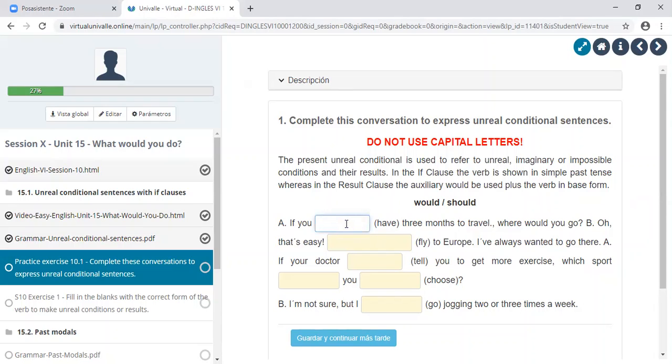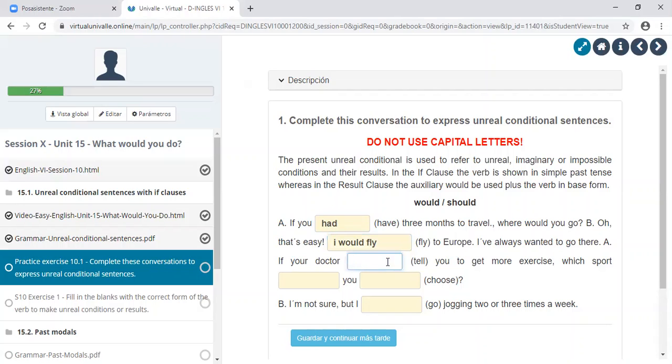Okay, let's suppose you had time. If you had 3 months to travel, where would you go? Oh, that's easy. I will fly to Europe. I always wanted to go there.